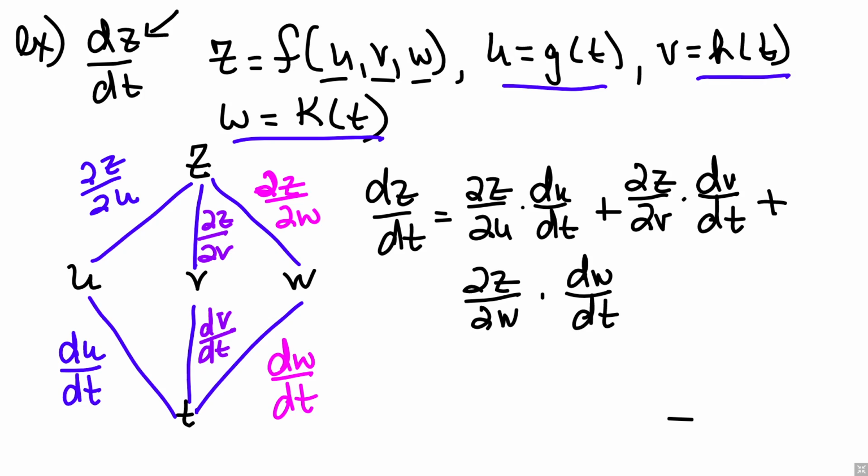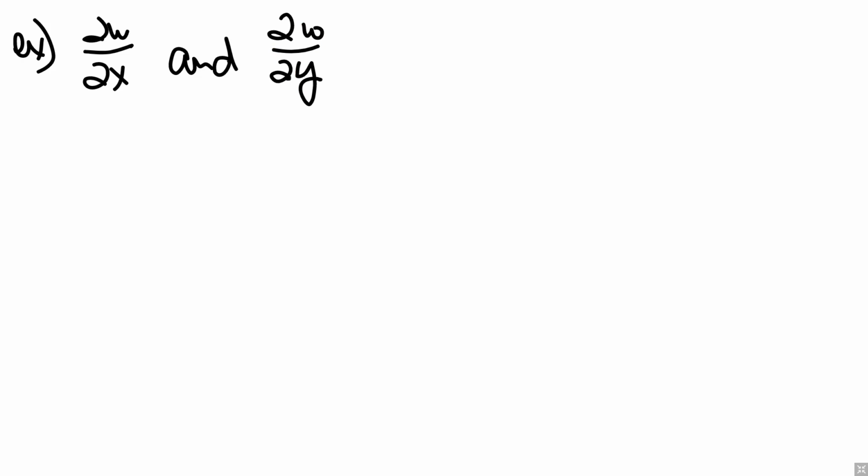Okay, so let's go to the next example. In the next example, we're going to find the partial of w with respect to x, and the partial of w with respect to y.